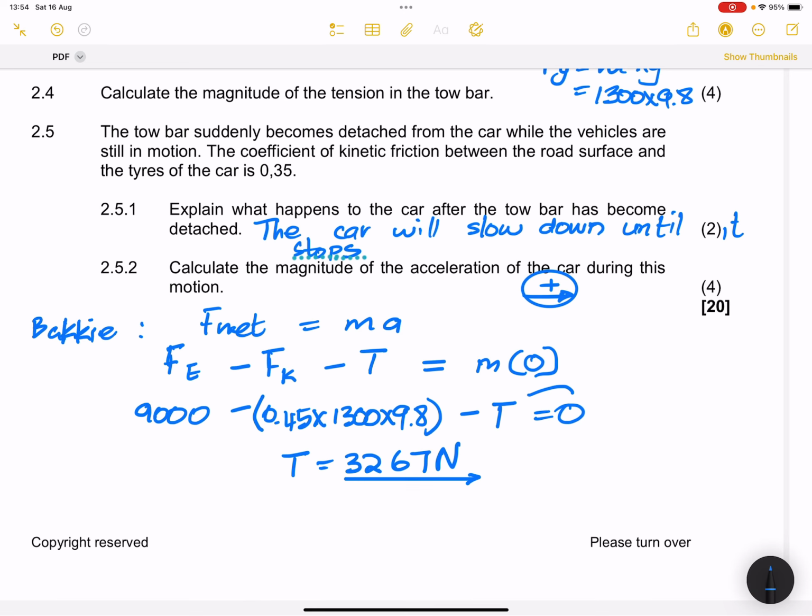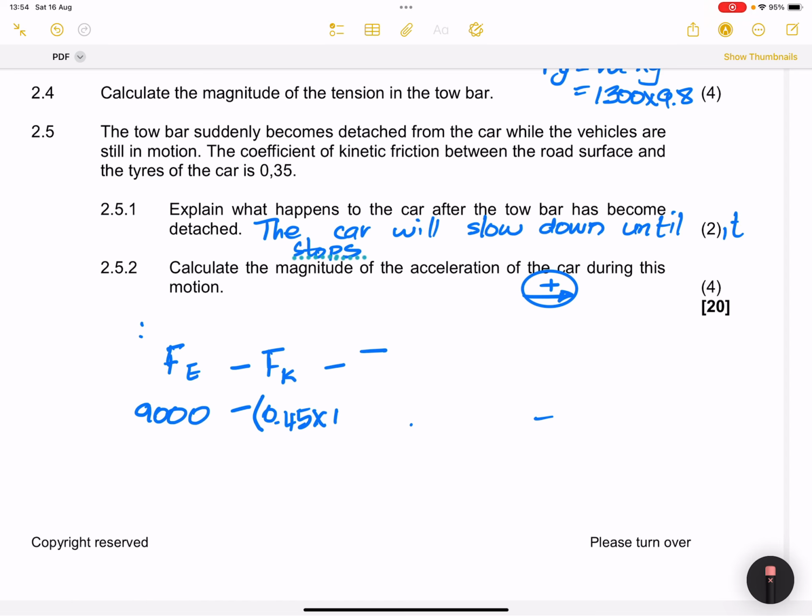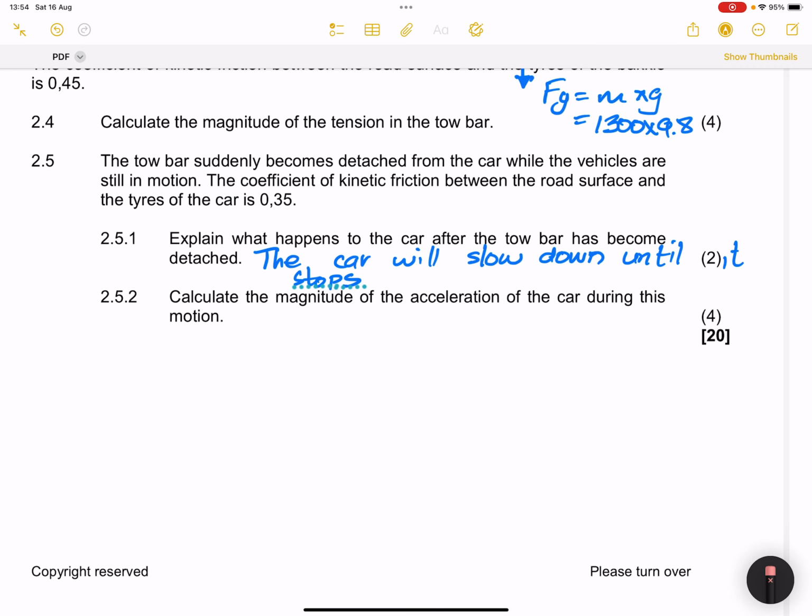Then let's go to the last question. They say calculate the magnitude of the acceleration of the car during this motion. So now we are looking at the car. I want you to keep in mind, guys, that the acceleration of the car is no longer 0, because what we've done is that we've changed things a bit so that the net force is no longer what it used to be.